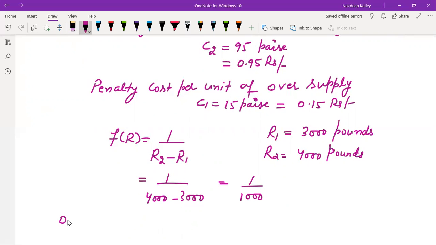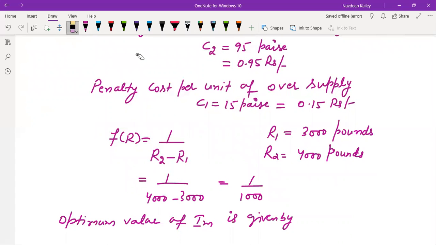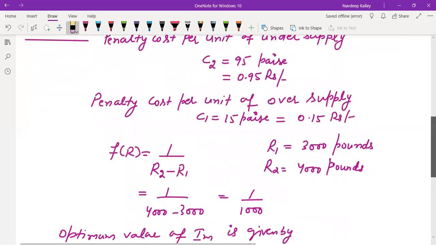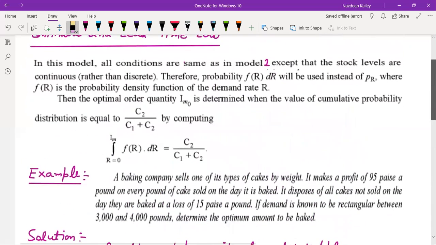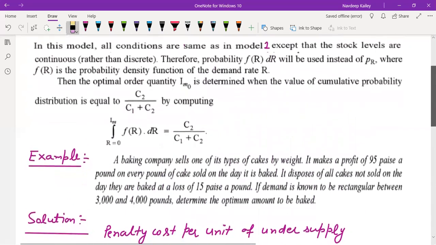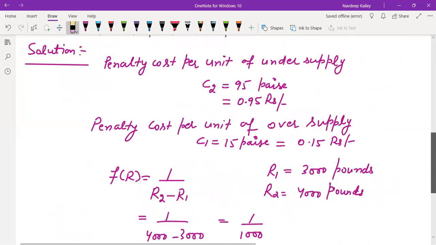Now we have to calculate the optimum amount to be baked. That is, the optimum value of Im is given by the formula which we discussed in this model, that is the integral from 0 to Im of f(R) dR is equal to C2 by C1 plus C2.